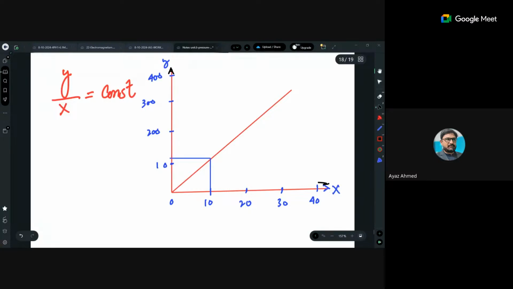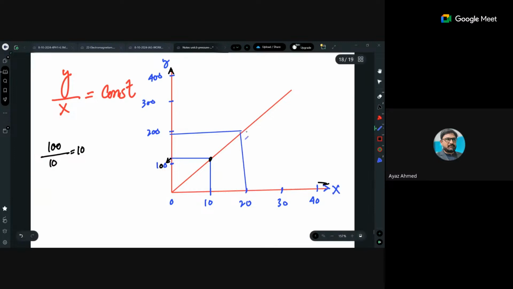Although it would be 120, let's make it 100, right? तो अब मुझे ये बताइए कि what will be the value here for proportionality constant? Y is 100 divided by 10, so your answer will be 10. Are you getting my points?